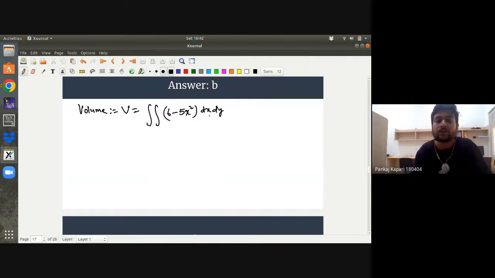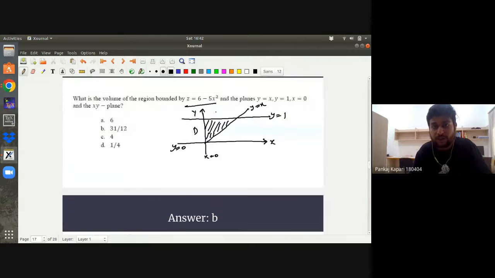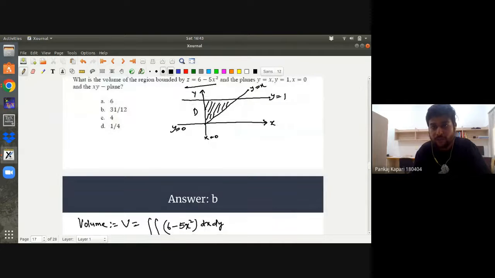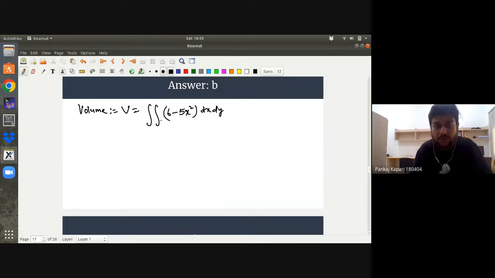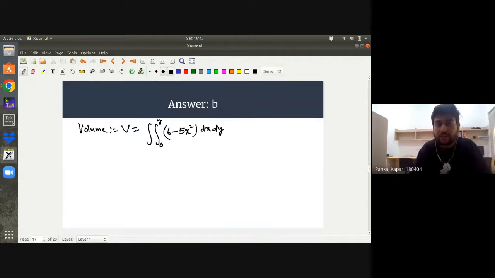Now first we have to find the limits of x by keeping y constant. Let's say y equal to c, a constant. Note that x varies from 0 to the line y equal to x. So x varies from 0 to y, and then y varies from 0 to 1.